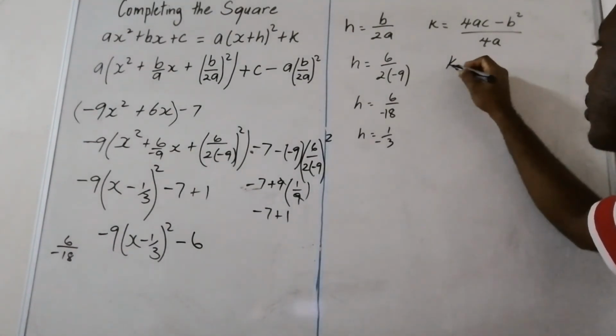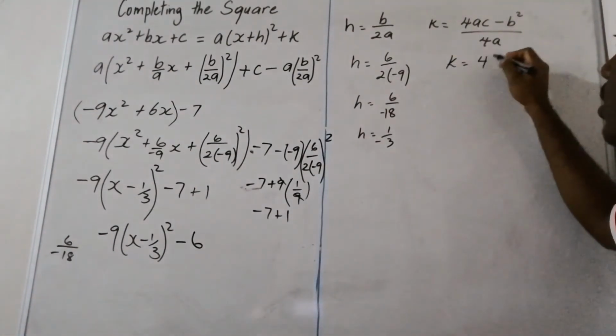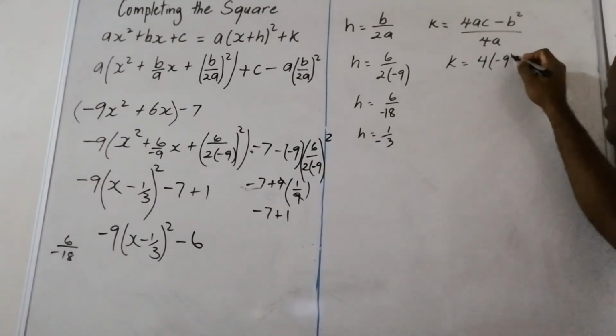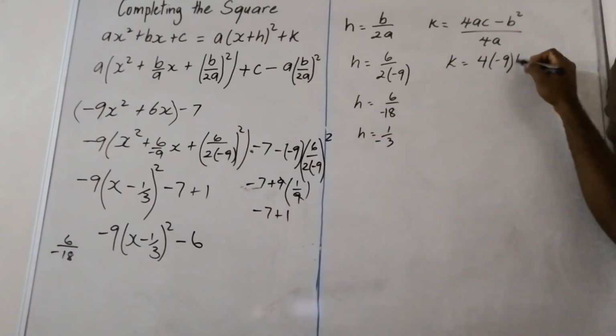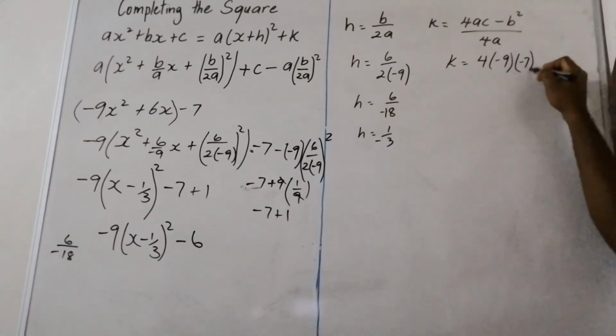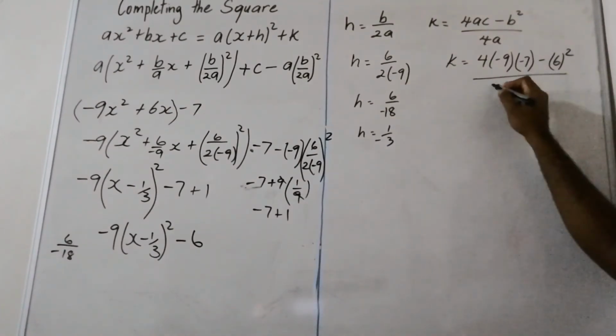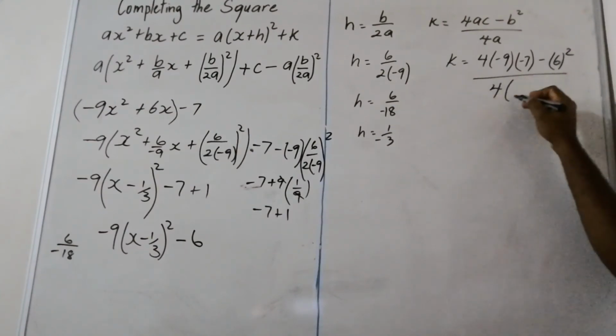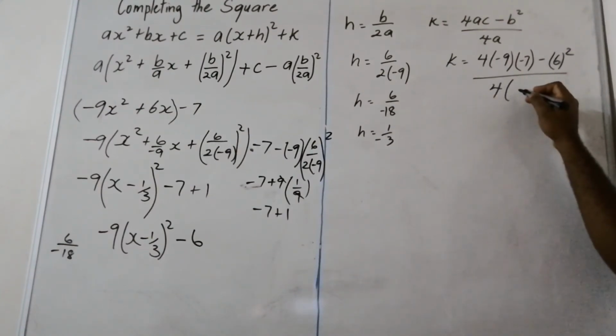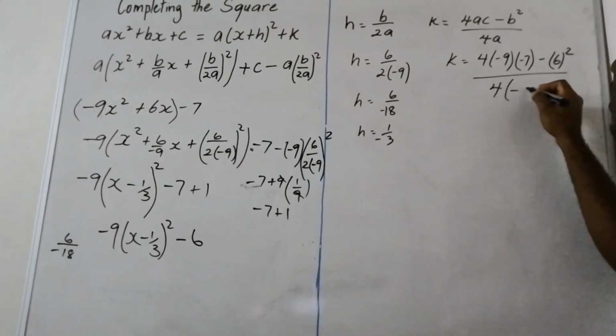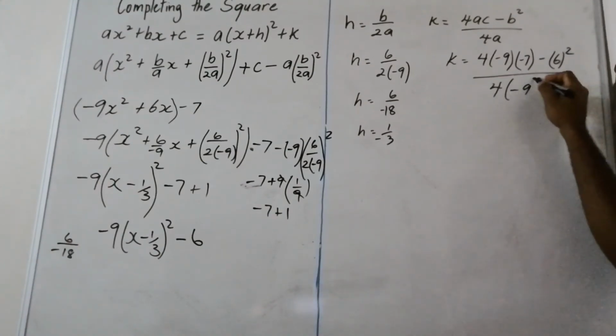k is equal to minus 7 minus 6 squared over 4 times minus 9.